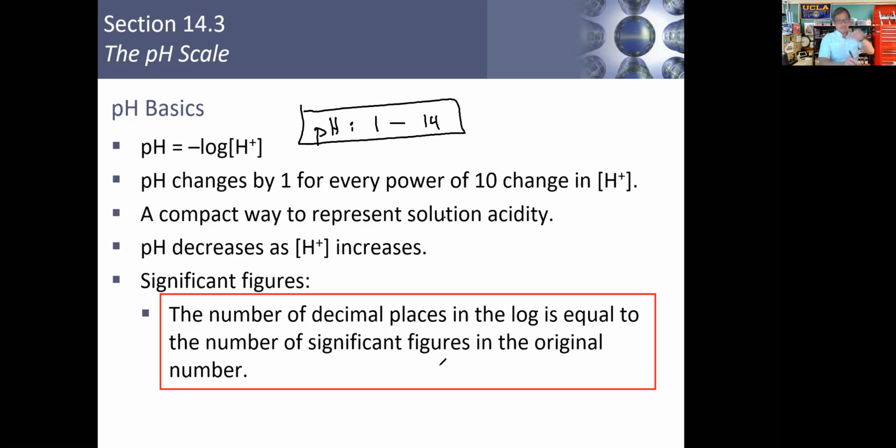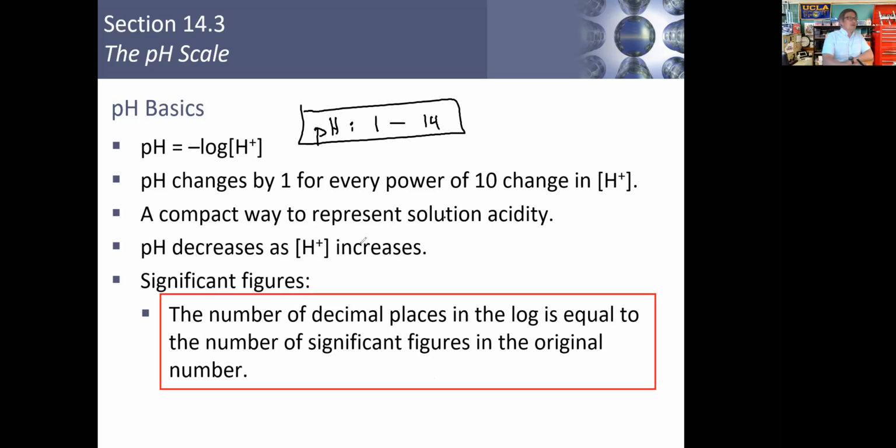This is how we determine significant figures. The number of decimal places in the log is going to be equal to the number of significant figures in our original number. Just keep that in mind. It looks a little bit odd, but I'll help you through it, and as we work through this one, you'll see this.